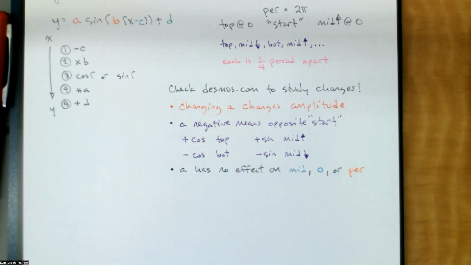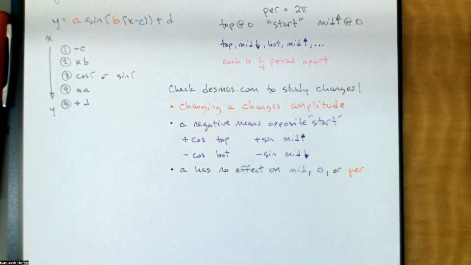Moreover, it looks like whatever the value of A is, that's going to be our amplitude. Unless A is negative. If A is -3, then the top is at 3 still, and the bottom is at -3, and the middle is still at 0.